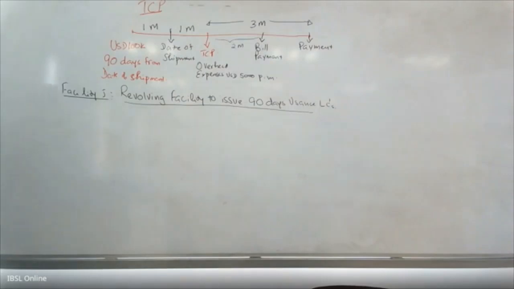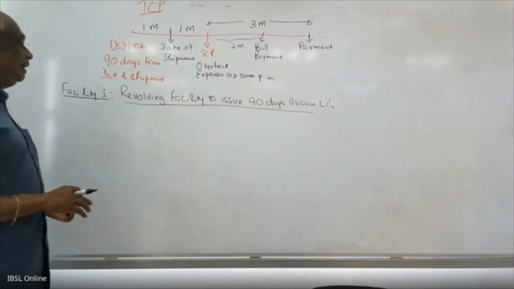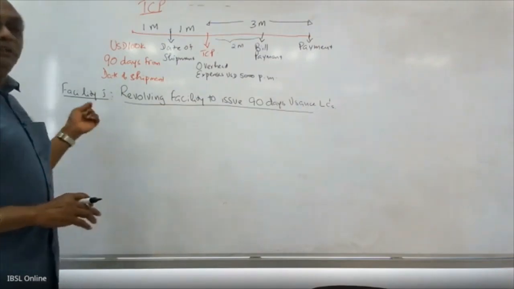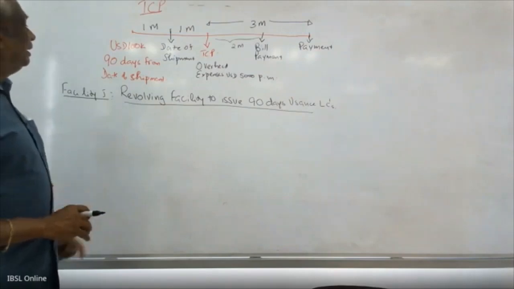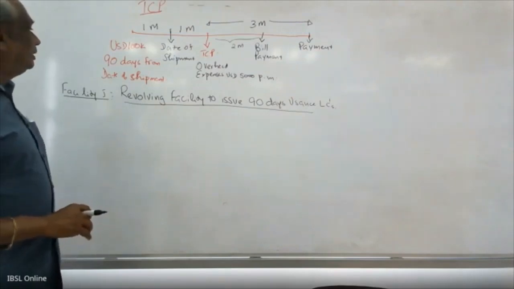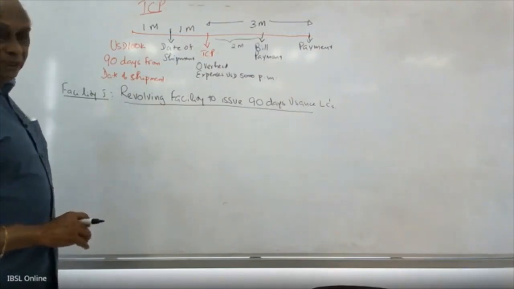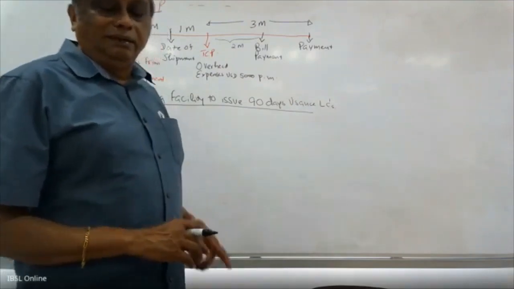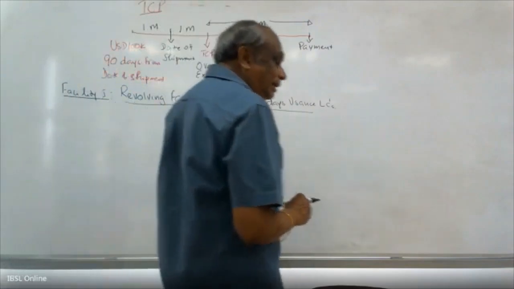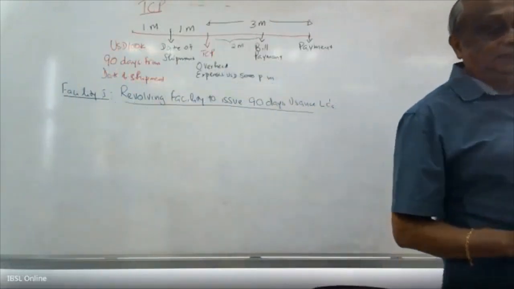LC value will be US dollars 100,000, 90 days from date of shipment. Otherwise, the examiner will not give you the marks. LC has to be issued 1 month before the shipment date, and the shipment period will be 1 month.